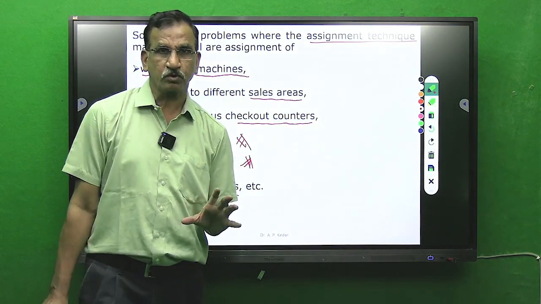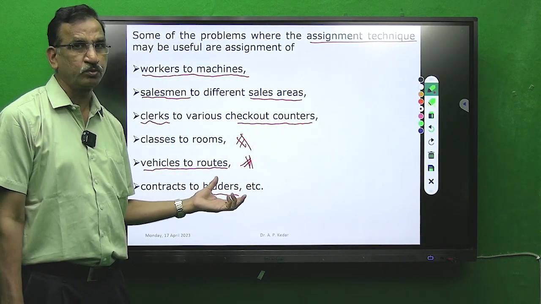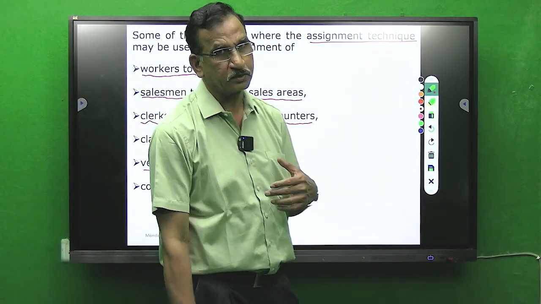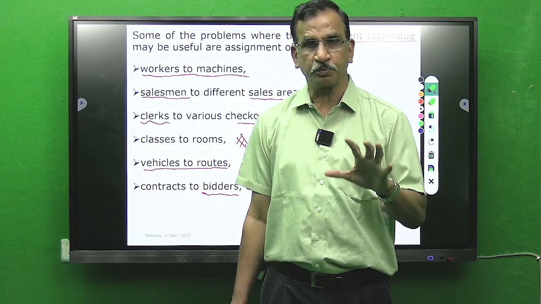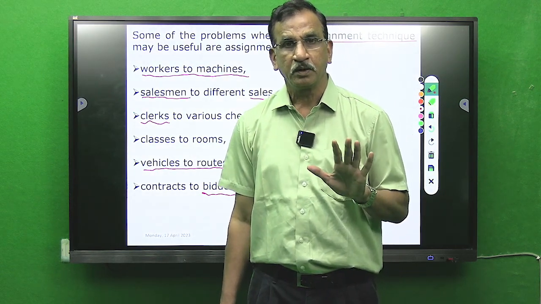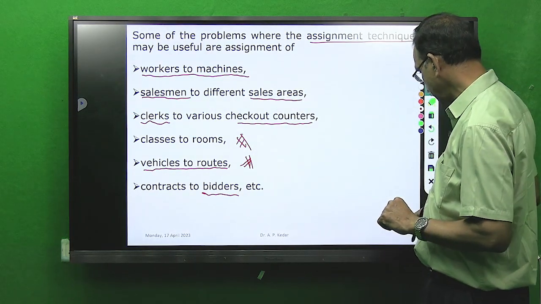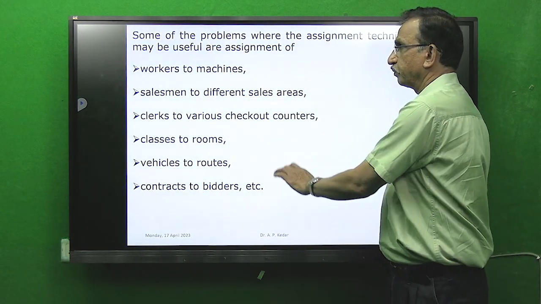So it is the task of the decision maker to assign different contractors to different bidders, different tenders, so as to get the work done with effectiveness within stipulated time, within minimum cost involved in the projects. So these are various possible areas where we can use the concept of the assignment problem.